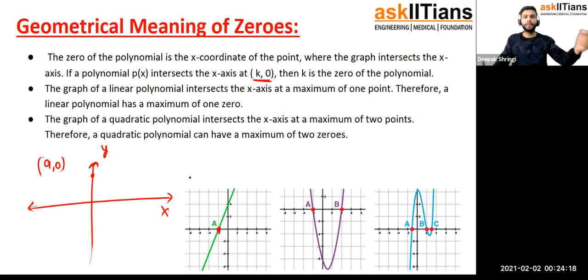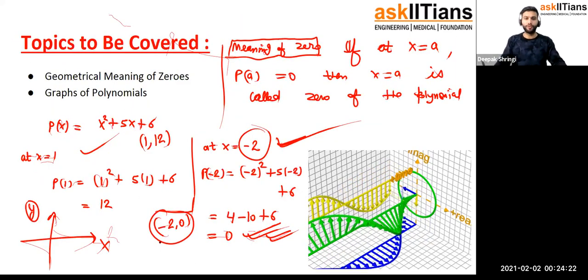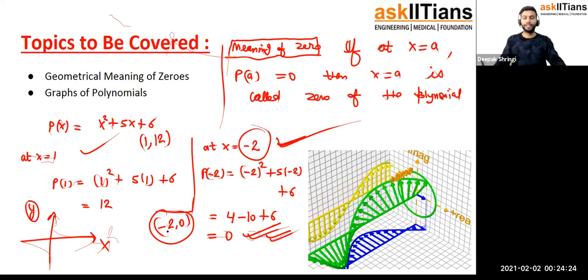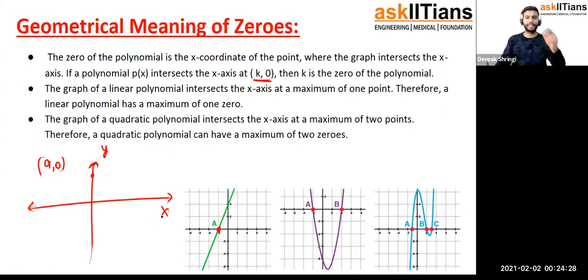As I told you in the previous slide, look at this, (-2, 0) is going to lie on the graph of the polynomial p(x), right? So (-2, 0) lies on this graph as well, and (-2, 0) lies on the x-axis as well. Now just think about it. I am saying there is one point which lies on the graph of p(x) as well as on the x-axis. Okay? Think about it that way. I'll tell you in that way.